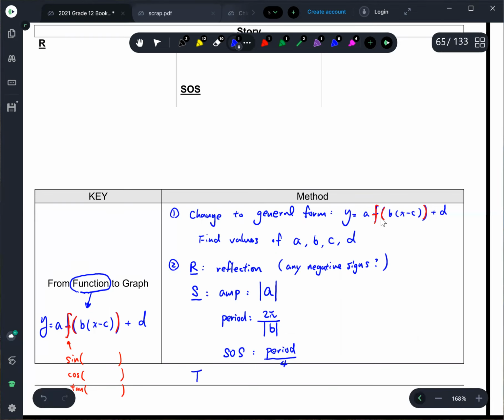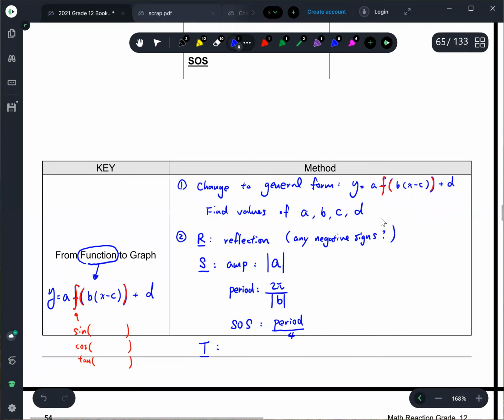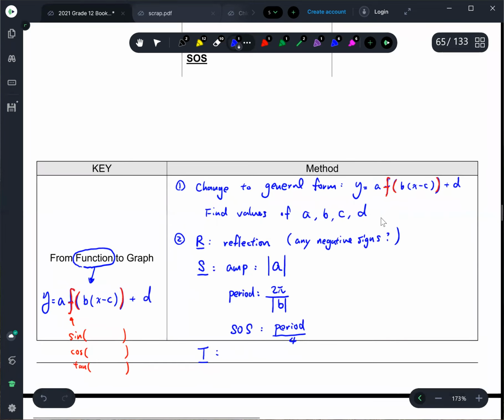Now T, translation, what we just learned. So translation, we have 2 new words. All right, Marcus, what's inside the translation? Is it x minus c? Yeah, has to do with C. And what else?